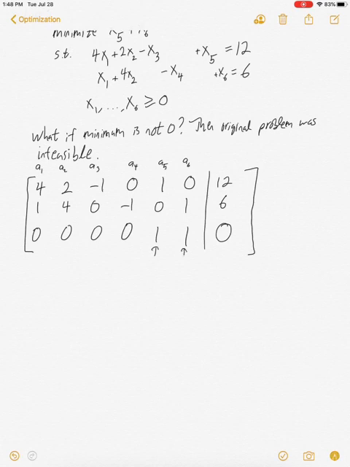In other words, we want these two entries here to be 0. So how are we going to do that? Well, we're going to subtract the first row from the last row, and we're going to subtract the second row from the last row. That'll zero out these two ones in the bottom row. So the first two rows aren't going to change.